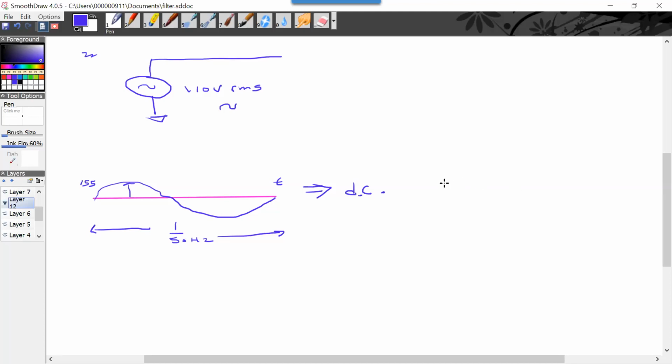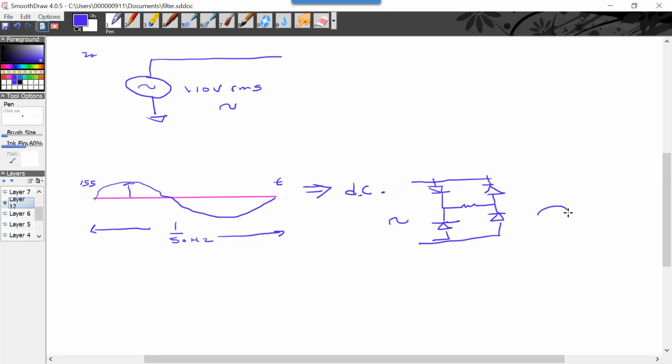Now, as you recall, the way we do that is we have it in here and we have a full wave rectifier.